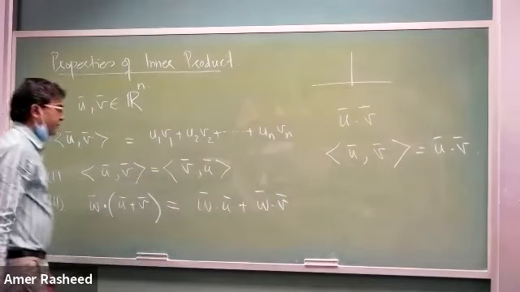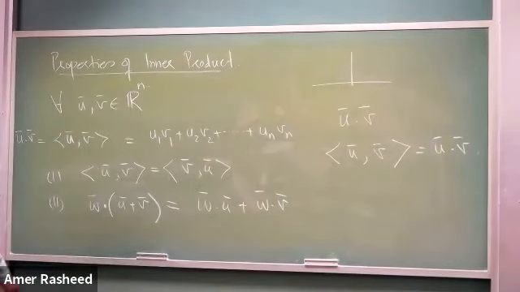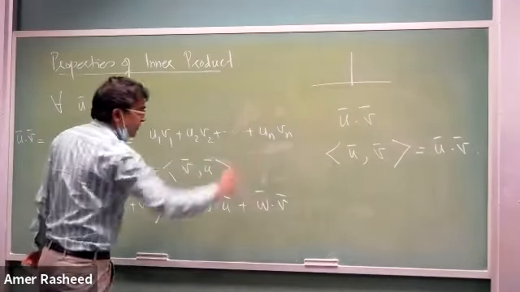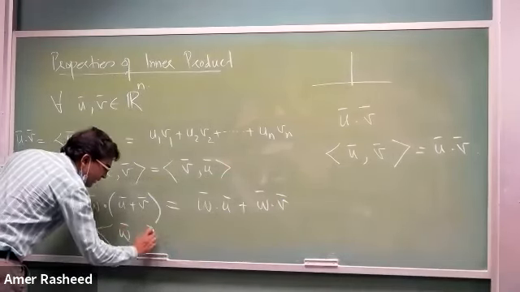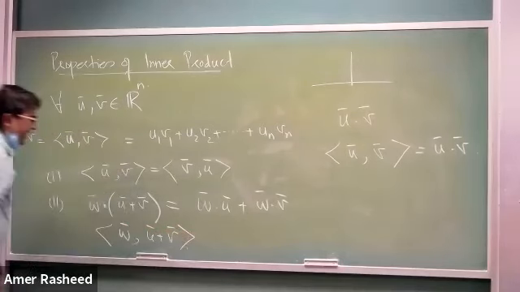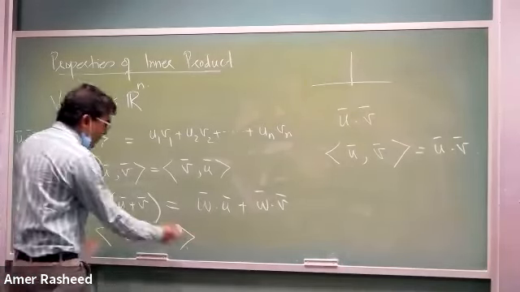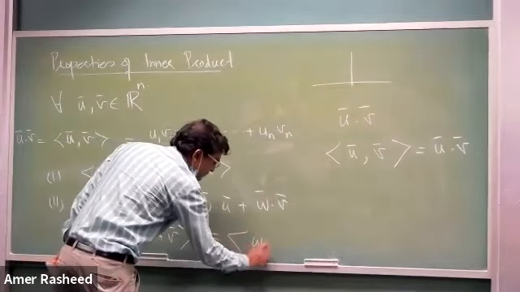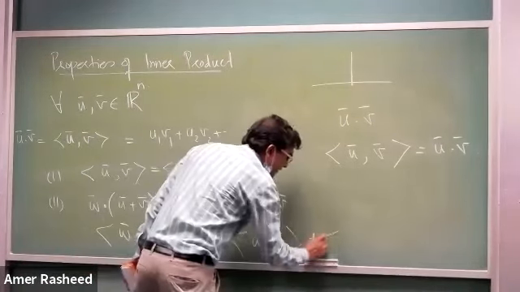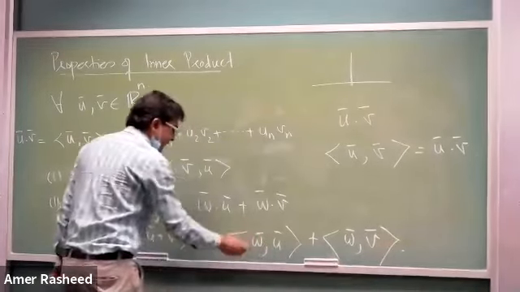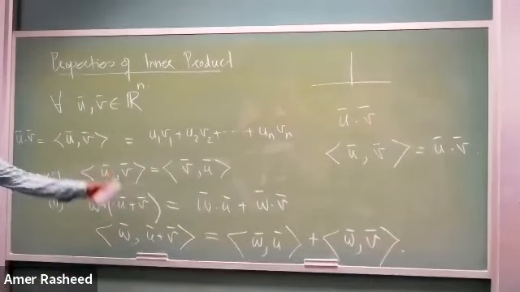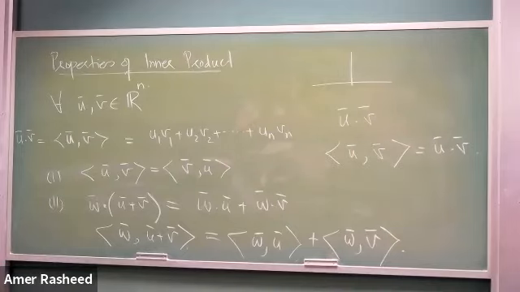This is called the distributivity property. But if we write this using the notation of inner product, then how can we write it? It is <w, u plus v>. If we open it, we can write <w, u> plus <w, v>. Okay, all these are vectors. So this is how we write the distributivity property for the inner product.